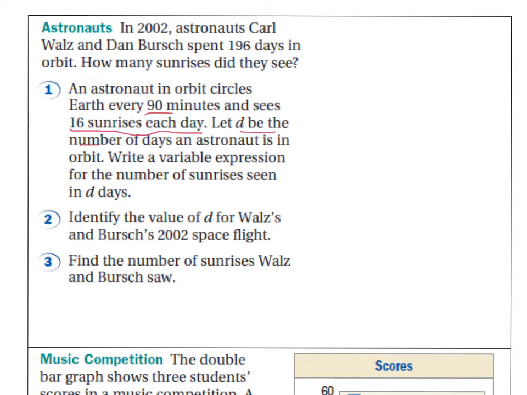Let D be the number of days an astronaut is in orbit. So I'm going to write that down. Let D equal the number of days, and this astronaut sees 16 sunrises per day.